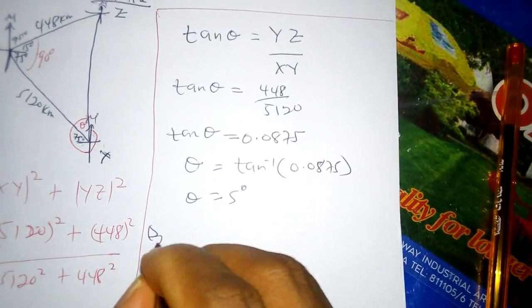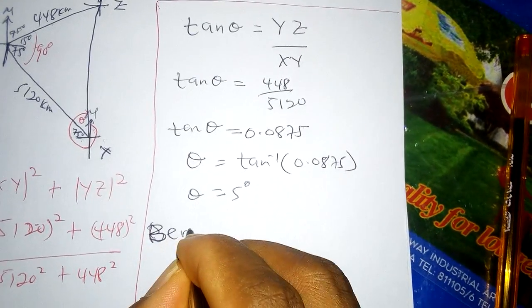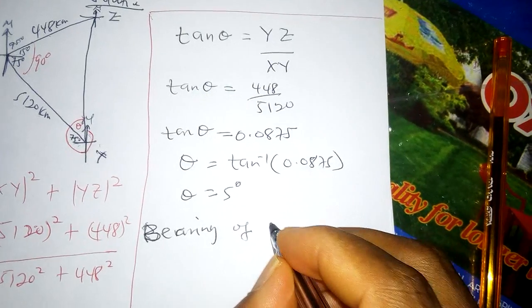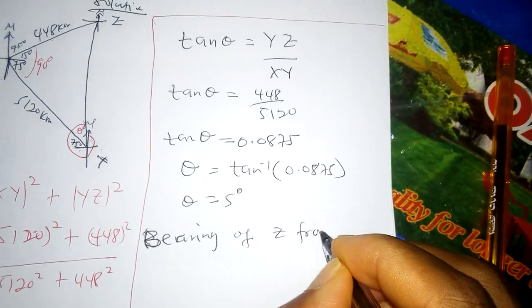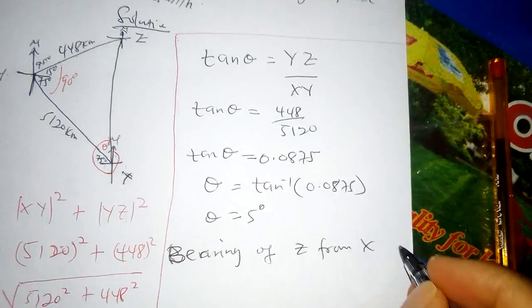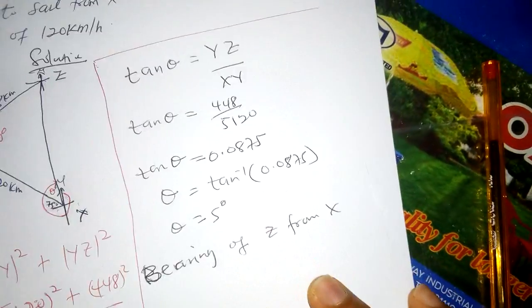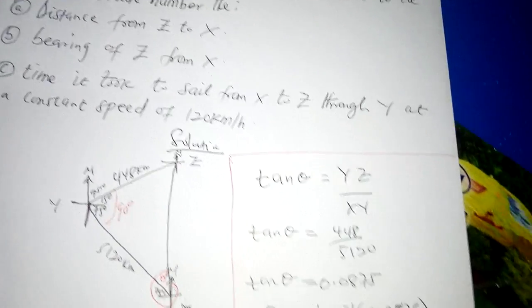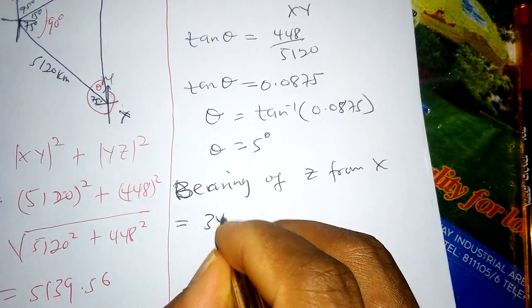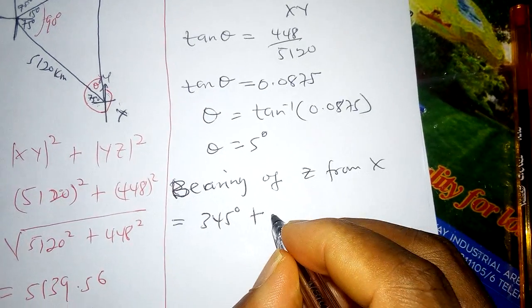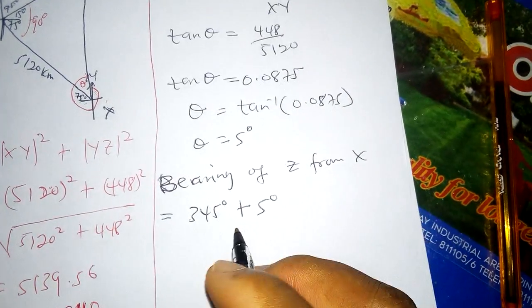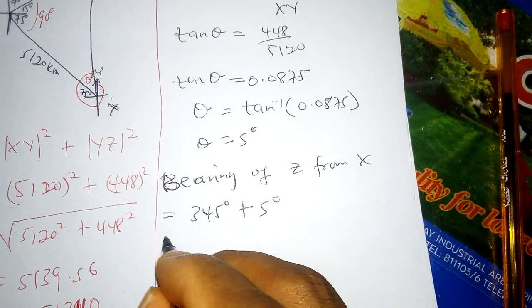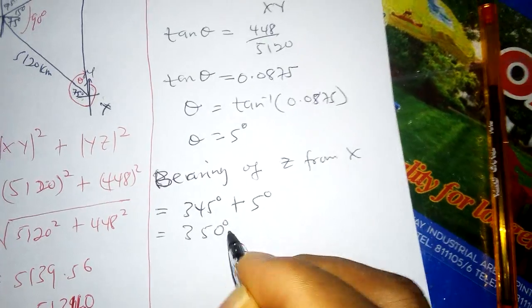Therefore, to get the bearing, the bearing of Z from X will be equal to 345 degrees plus 5 degrees, which will be equal to 350 degrees.